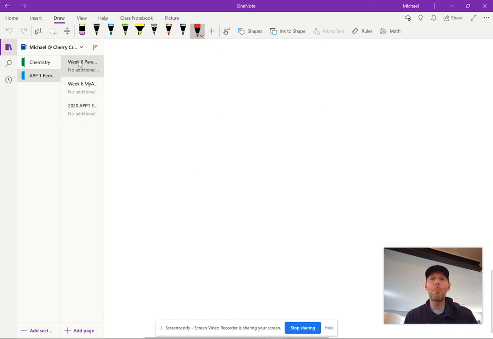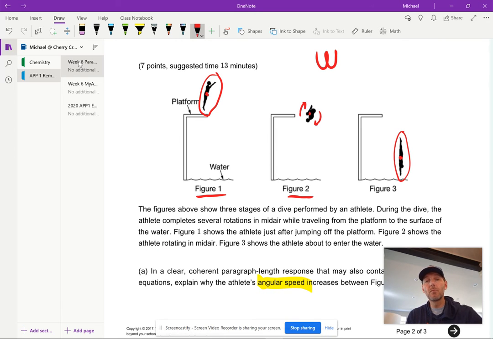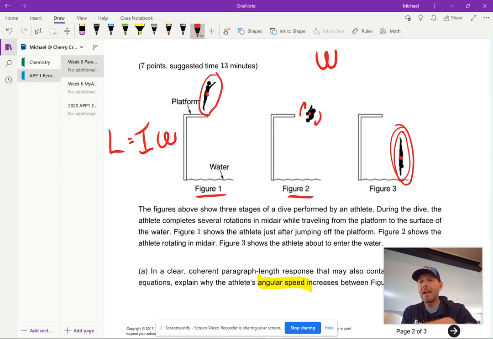And so when I go back here, this reminds me a lot of the figure skater problem, where when the figure skater's arms are wide out, they're rotating very, very slowly. When the figure skater pulls their arms in, they're rotating very quickly and then straightening back out here. So that's describing this angular speed.